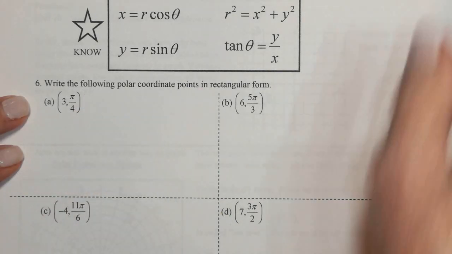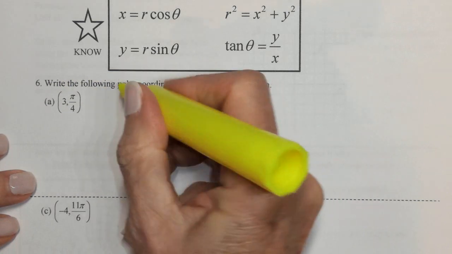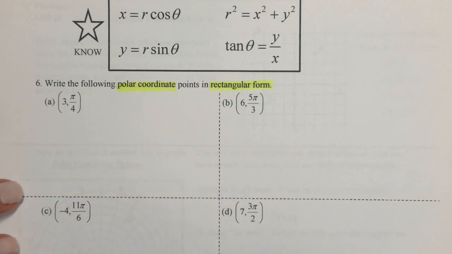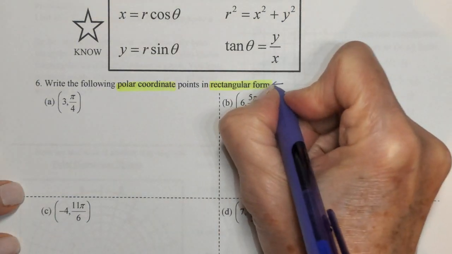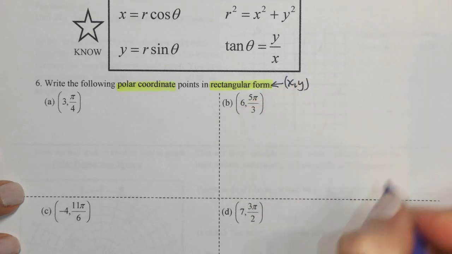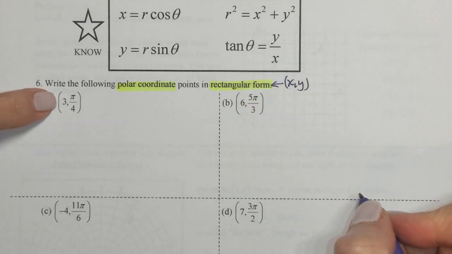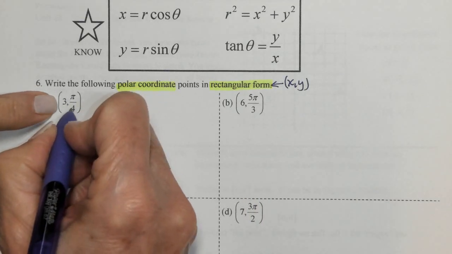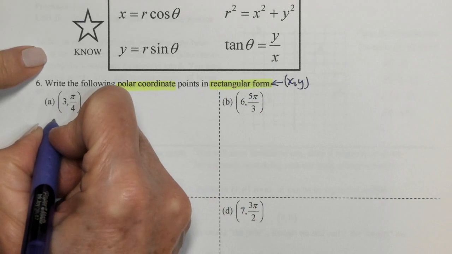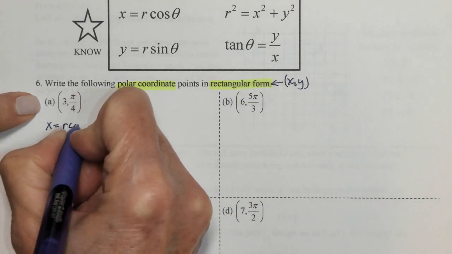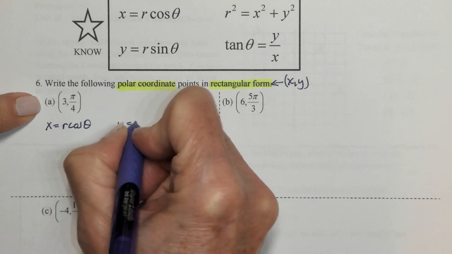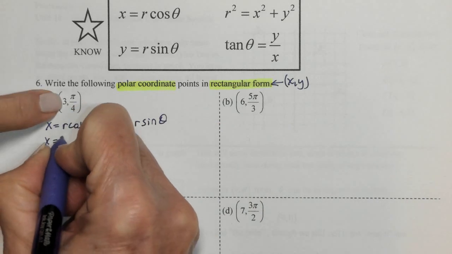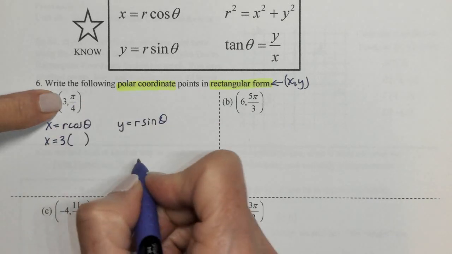So here they tell us that we are given polar coordinates and we're supposed to write them in rectangular form, XY form. Rectangular form, think to yourself, XY. We want X, we want Y. Okay, so here we are. It's in polar form, we want XY form, so X is equal to r cosine theta, Y is equal to r sine theta. X is 3 cosine of pi over 4.